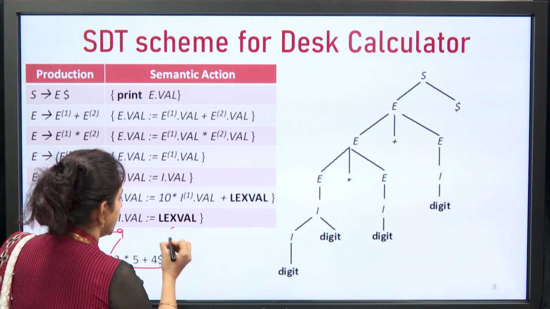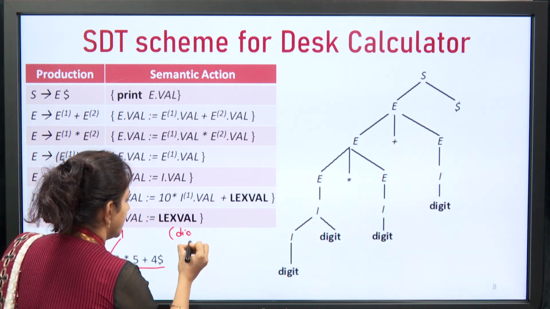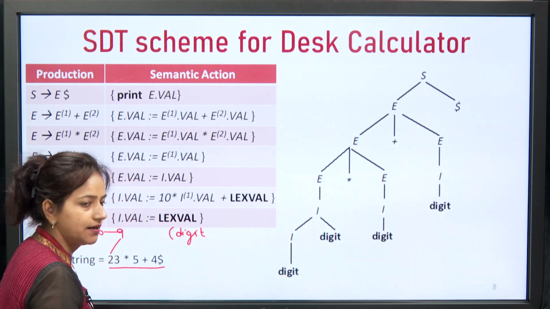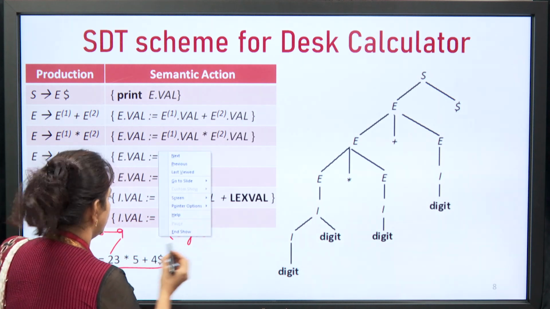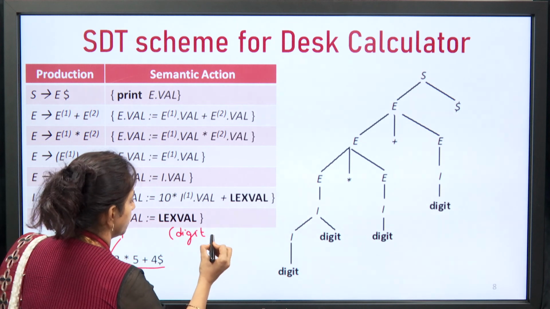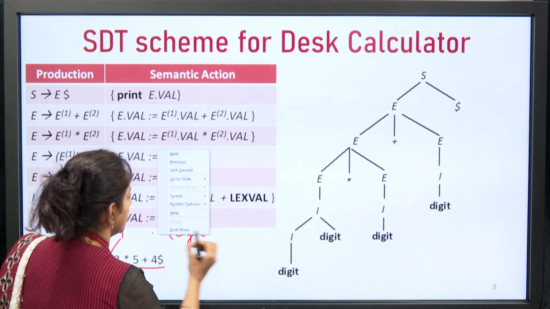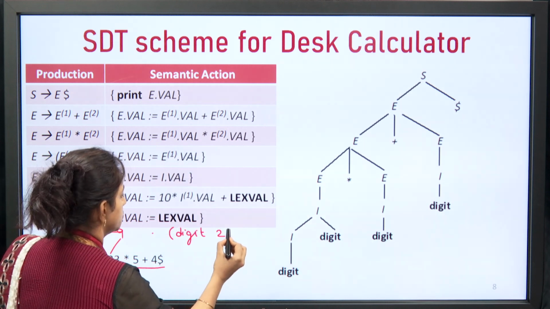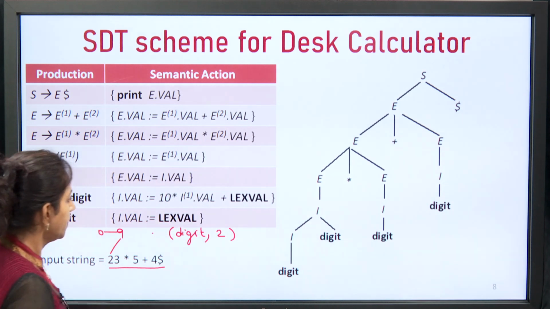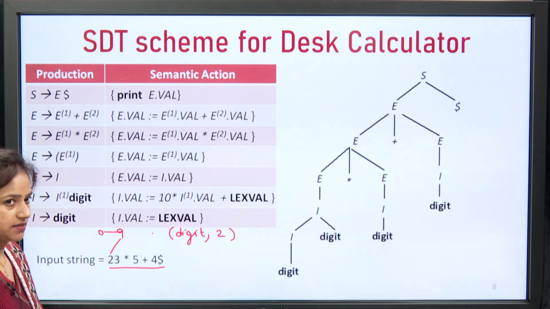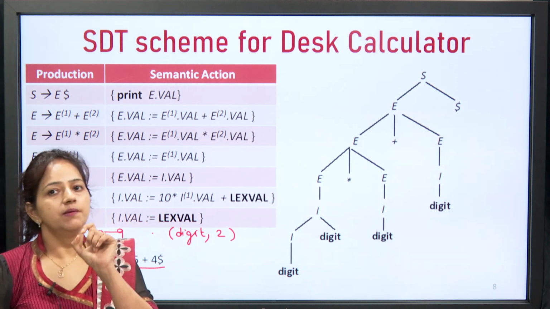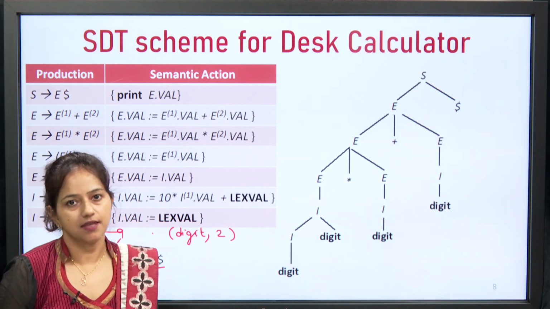This token will have two parameters. First is that this is a digit and second is its value, that is 2. So, this pair will be created and sent to the syntax analyzer.